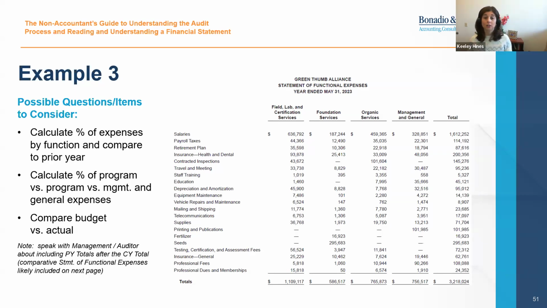And do you need to eliminate it or at least modify it in some way to make an immediate impactful change for the good? So again, really drilling down and looking at things by program can help with some decision making. And then of course, looking at your budget versus actual. Is this in line with what you expected?